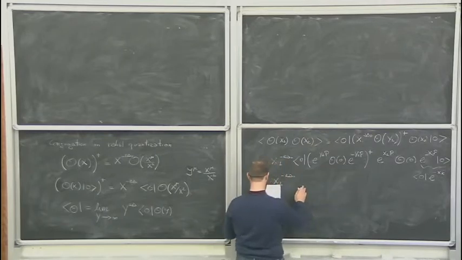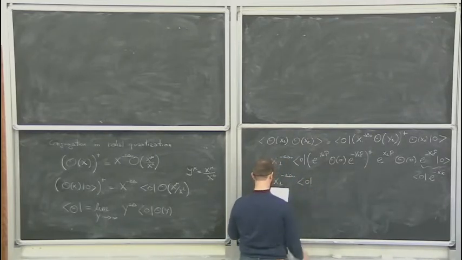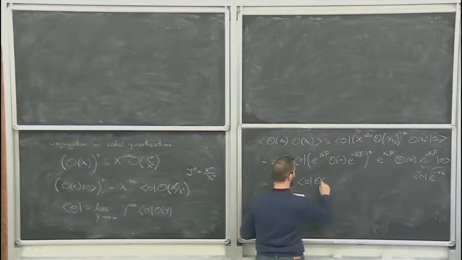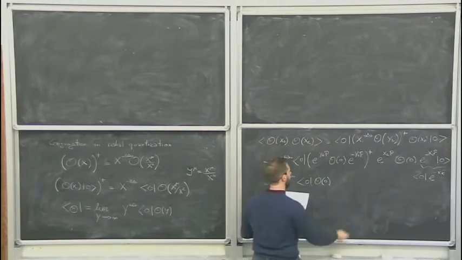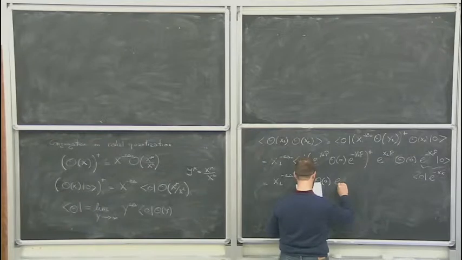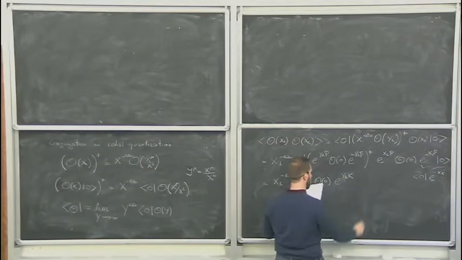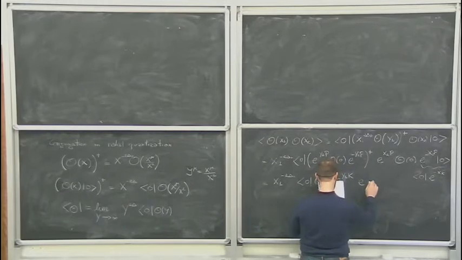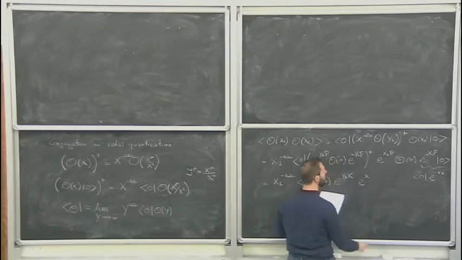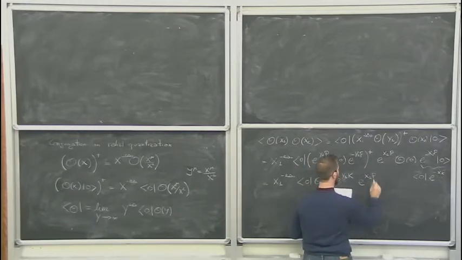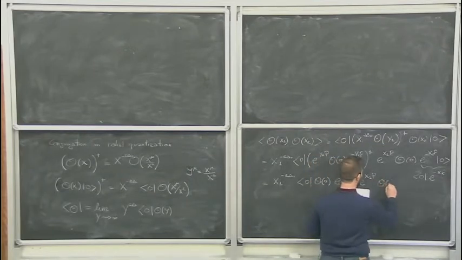So what I'm going to get here is the vacuum, the operator inserted at 0, e to the y1 K, e to the x2 P, and then O of 0, and then the vacuum again.